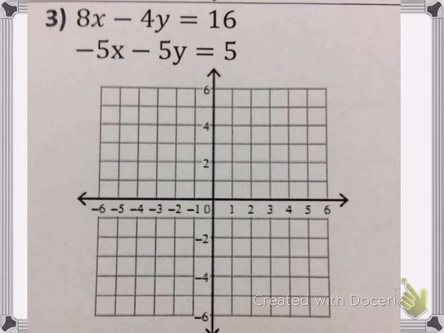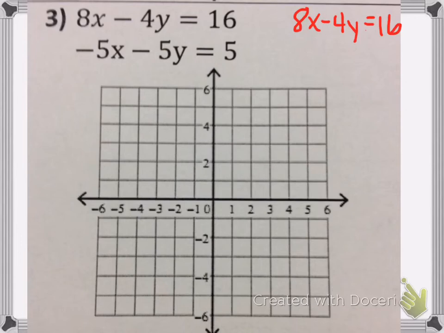All right, we have a couple more examples here to go and then we're done. These ones are not solved for y, so they're not in slope-intercept form. So we know we have to solve them for y first. So I'm just going to rewrite this one over here, the 8x minus 4y equals 16. And I'm going to solve this for y.